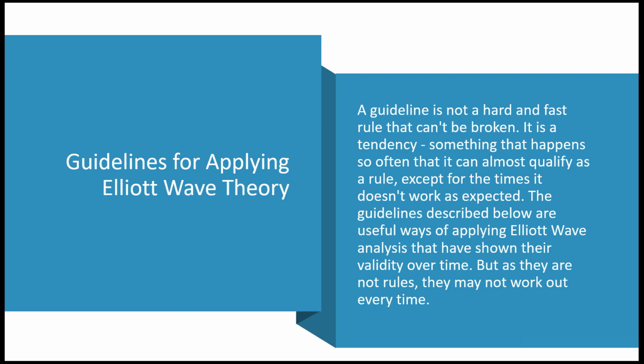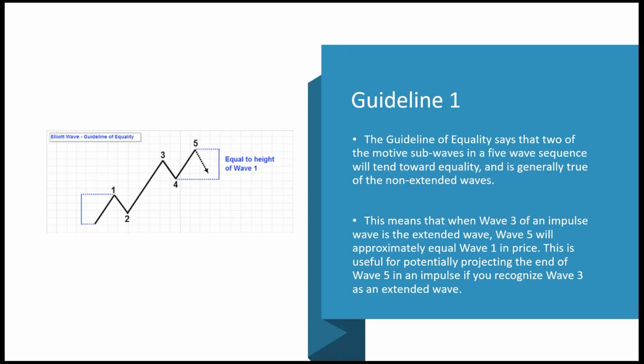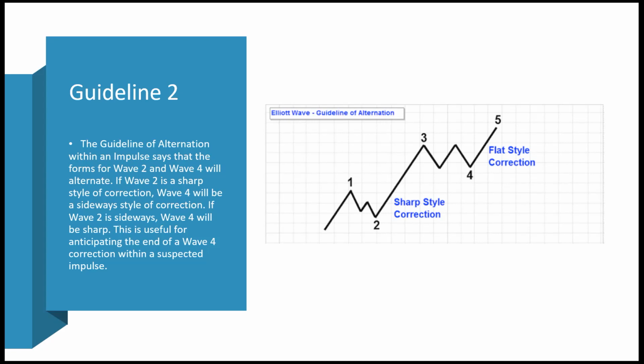Now, we also have guidelines. A guideline is not a hard and fast rule that can't be broken. It's a tendency that sometimes happens so often that it qualifies for a rule, except for the times it doesn't work as expected. So we have guideline one, which is the guideline of equality. Guideline two, the guideline of alternation.